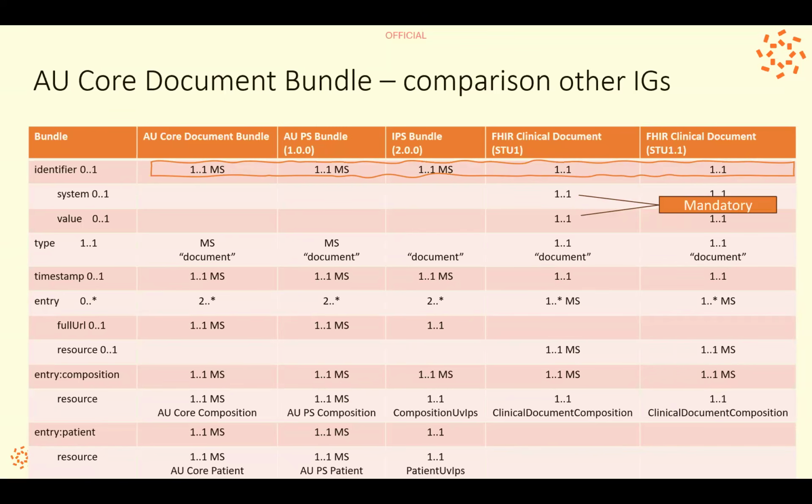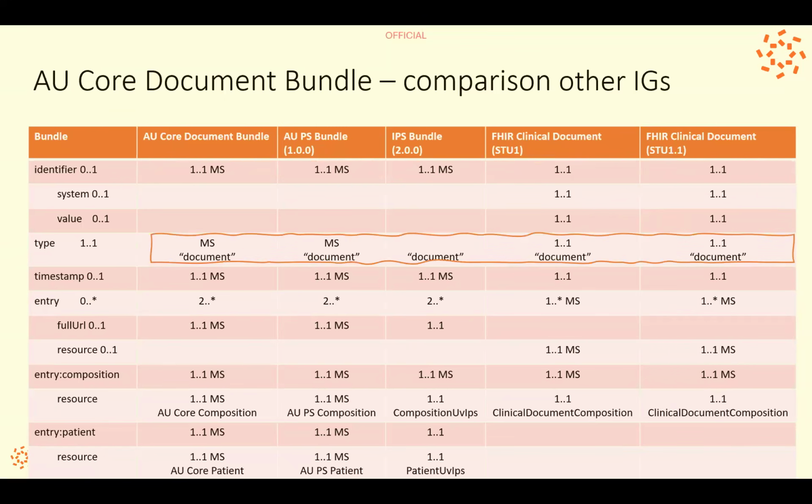But in the context of AU Core profiles, we don't normally go down to that sub-element level. So that's why you can see in AU PS and even IPS, they haven't gone down to that next level to say you shall have a system and a value. It's kind of implicit. And there are some underlying rules in FHIR that you have to have some kind of value.